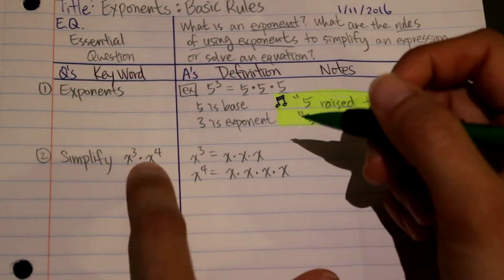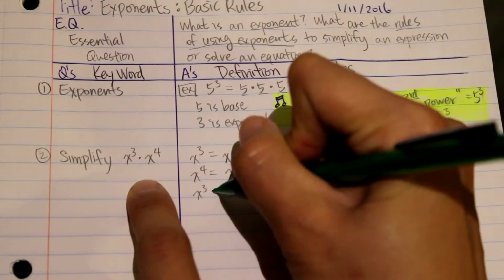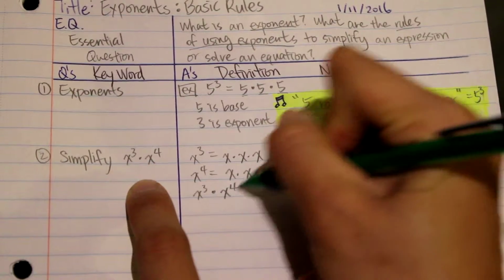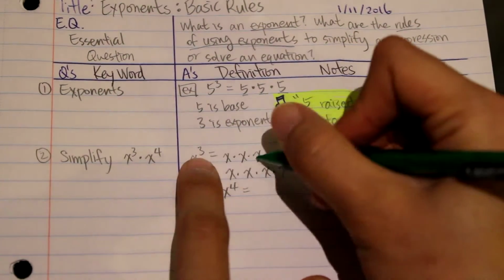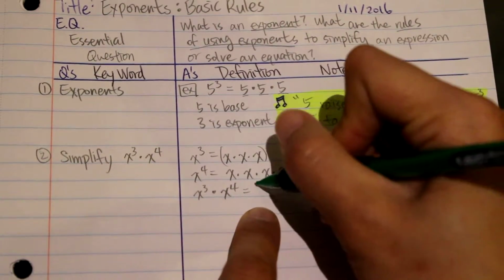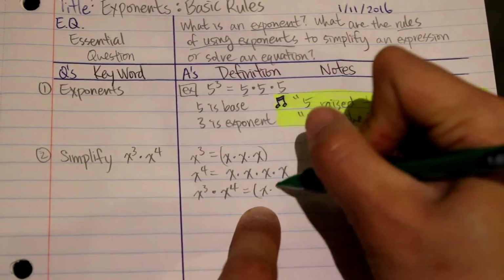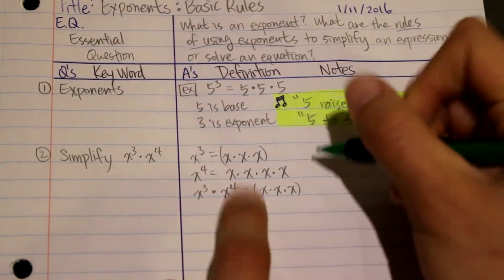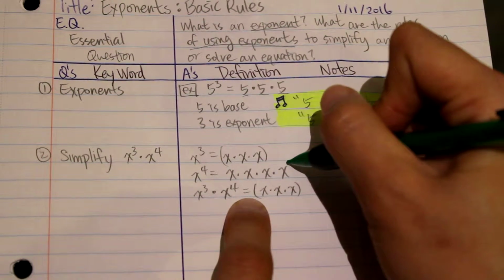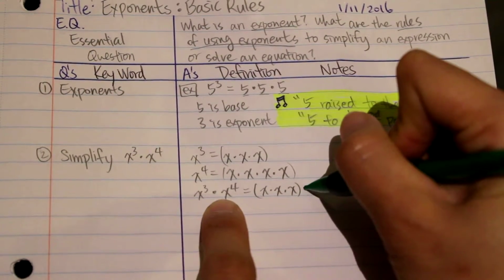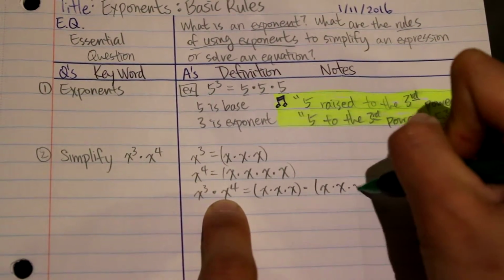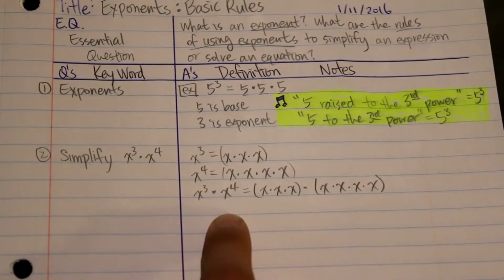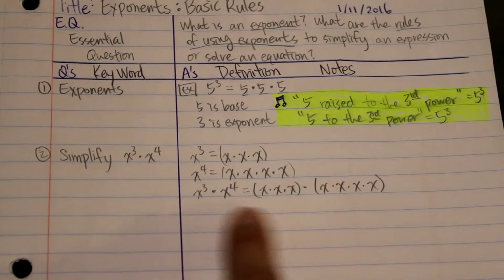Now, we're going to put these two together. x to the third times x to the fourth is equal to, well, let's put that down here. So these guys, we're going to put in parentheses down here, x times x times x. And then these guys, we're going to put in the other parentheses to replace x to the fourth power. x times x times x times x. So this was very exhausting, right?